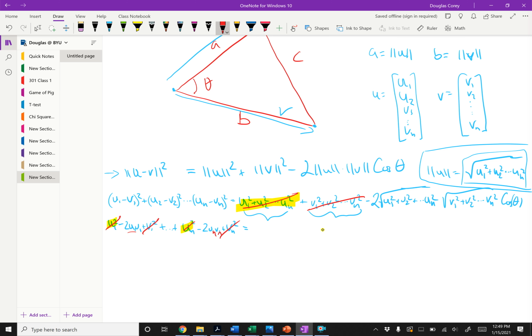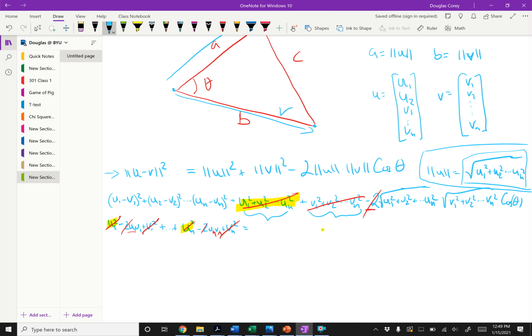Well, we could put those underneath the square root. I don't know if that helps us very much, but we're trying to solve for cosine of theta. We also have a minus 2 over here, and we also have minus 2's in front of all those. So let's divide out by the minus 2's on both sides, and let's write out what we have left.